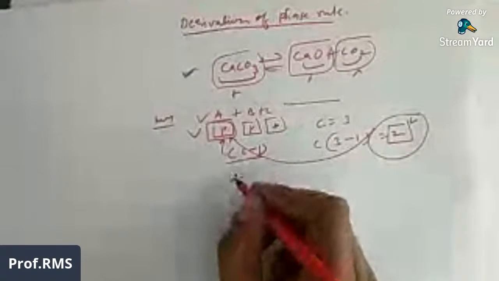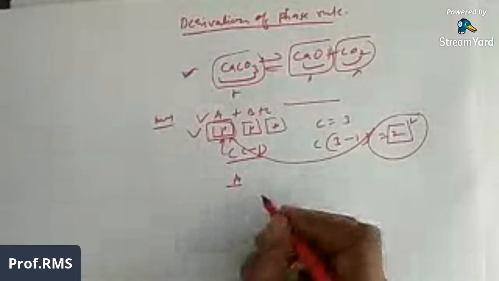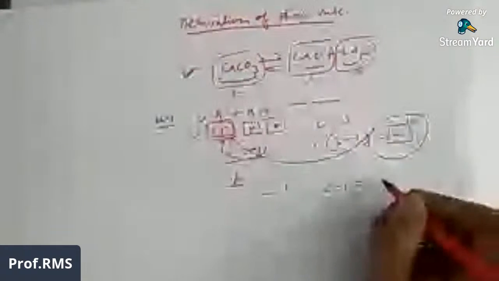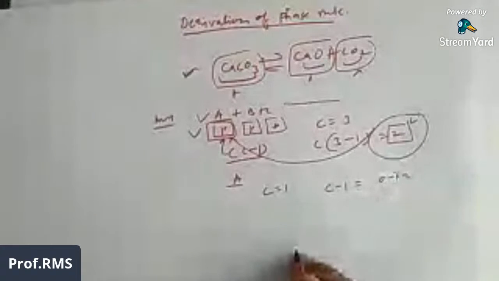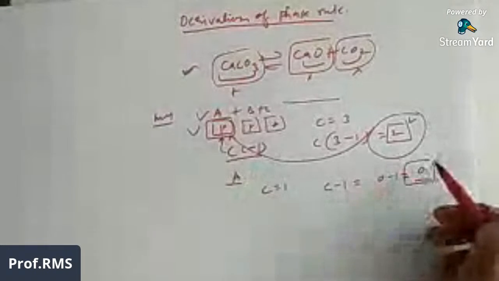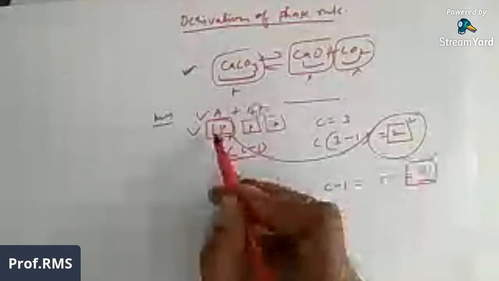If we have a one component system, so C is equal to 1, therefore C minus 1 is 0. So for a one component system, we do not need concentration to express the composition of each phase.